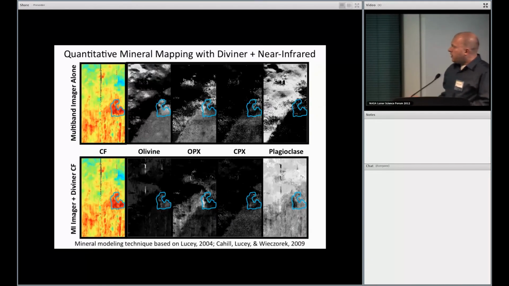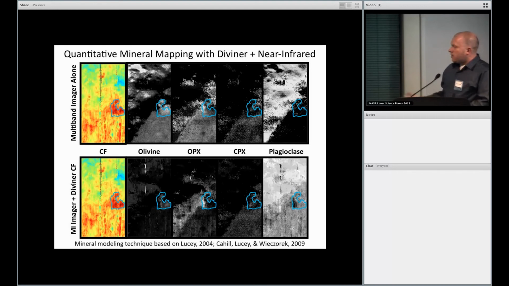So we've been playing around with a concept study to do quantitative mineral mapping with Diviner and near-infrared data sets, using multiband imager alone and using the techniques based on Lucey 2004 and Cahill et al. 2009. We looked at one of these olivine features, and using just the multiband imager alone, this feature looks more or less like pure olivine with almost no plagioclase, which is what has been reported.